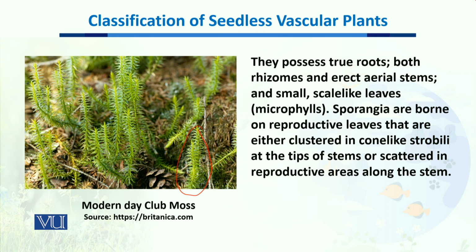Either they are present at the tip of reproductive leaves, or they are present at the top of the stem in a specialized cone-like structure which is known as strobili.